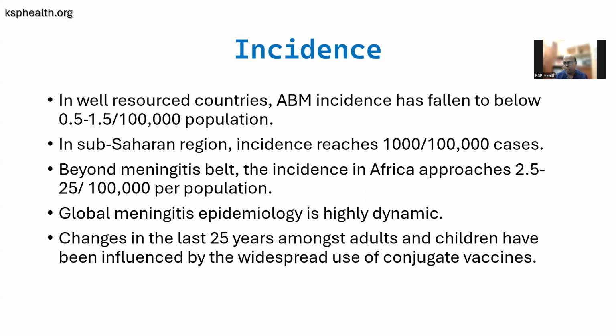Beyond the meningitis belt, the incidence in Africa approaches 2.5 to 25. That means the incidence is still 20 times higher than the global average. The global meningitis epidemiology is highly dynamic. It is based on widespread use of conjugate vaccines.